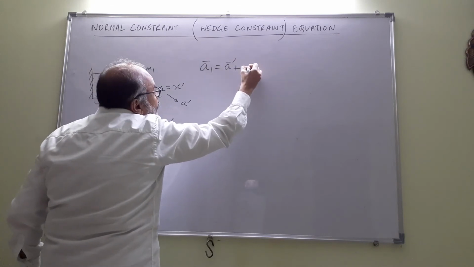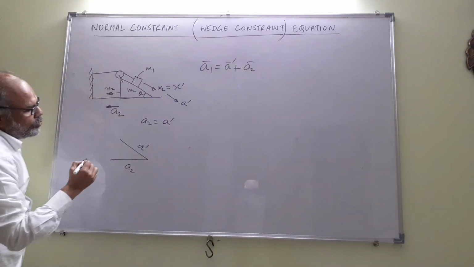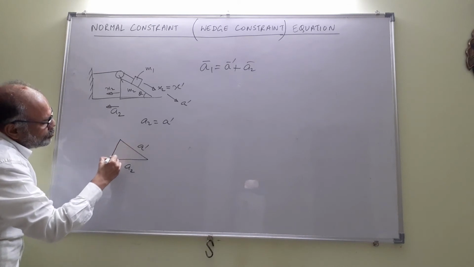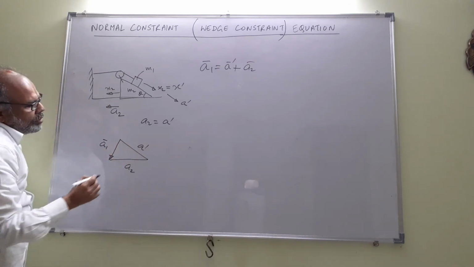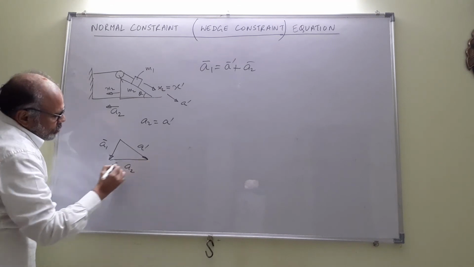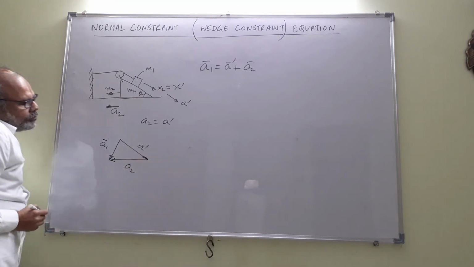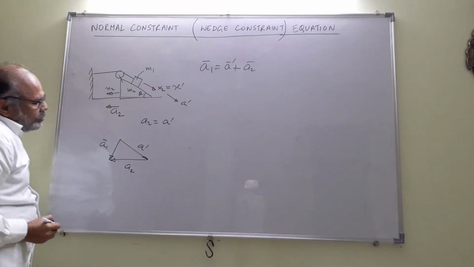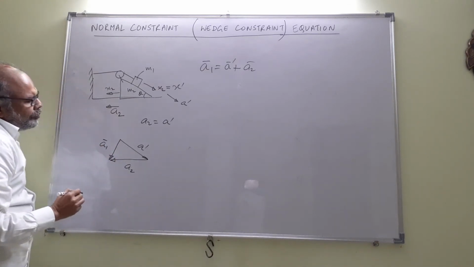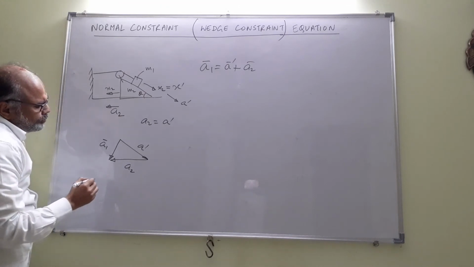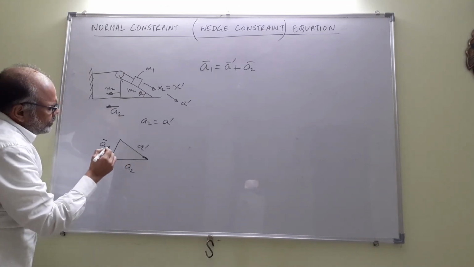Now vectorially, as we saw in the previous case, a1 would be a dash plus a2. So this is a1, this is a dash and this is a2. Again, we can do the same thing.